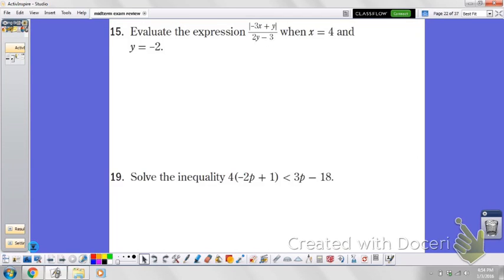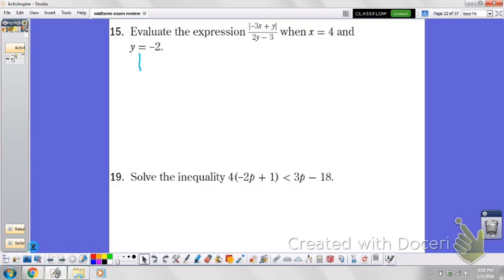Number 15, we have an expression, the absolute value of negative 3x plus y all over 2y minus 3. We have to evaluate it whenever x is equal to 4 and y is equal to negative 2. So all I have to do for this, ladies and gentlemen, is just substitute the values it gives me into the expression.